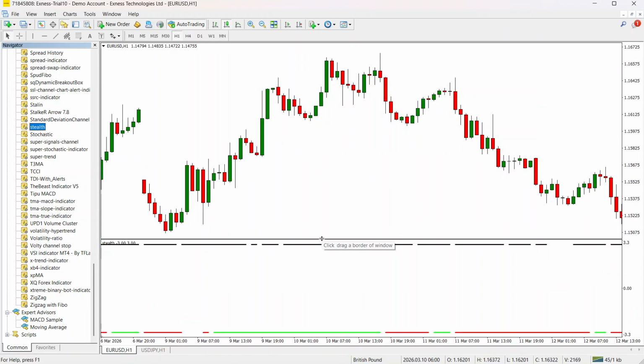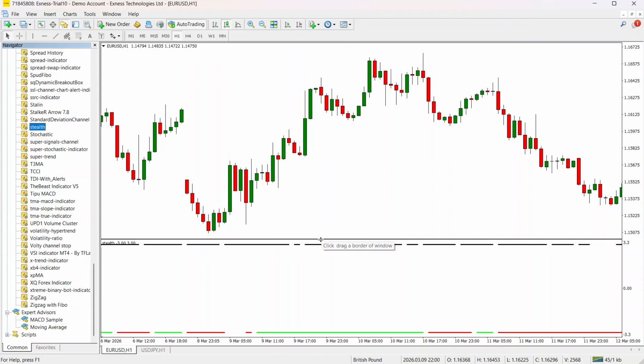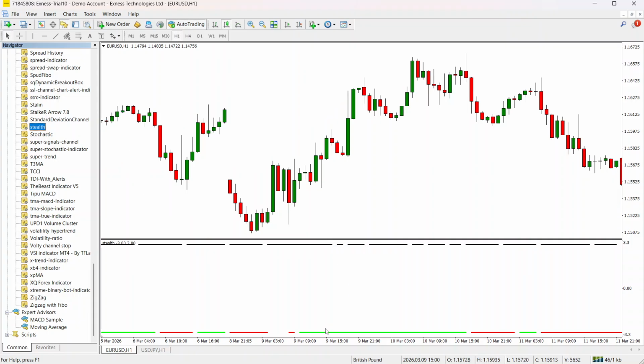Let's proceed. The stealth indicator typically plots a smoothed line, band, or on-chart color states that change according to its internal assessment of trend and momentum.